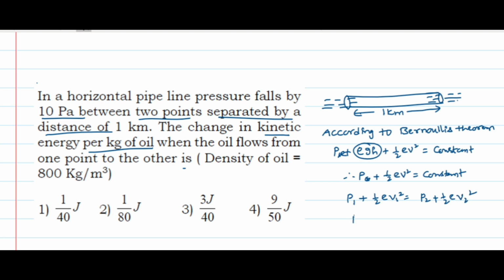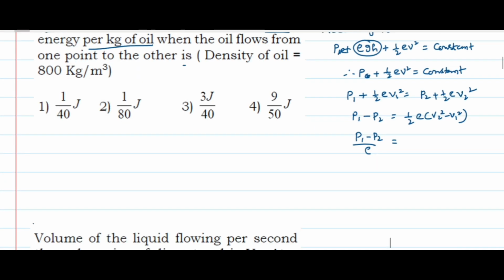So the pressure difference will be P1 minus P2, which will be equal to half into rho into V2 square minus V1 square. So P1 minus P2 by rho will be equal to half into V2 square minus V1 square.